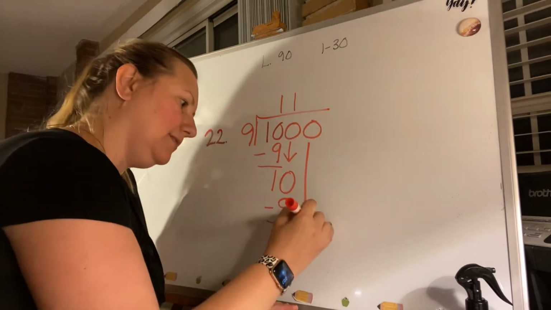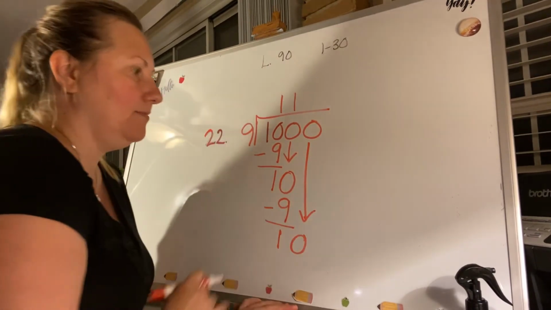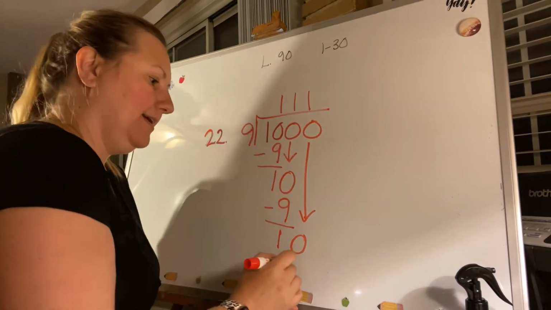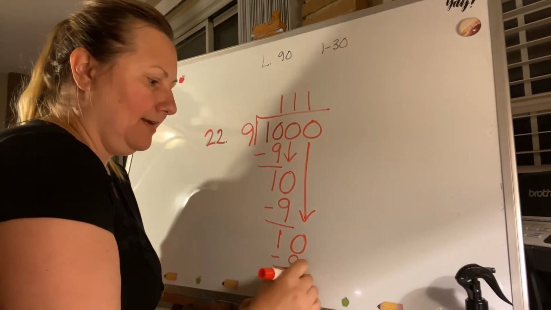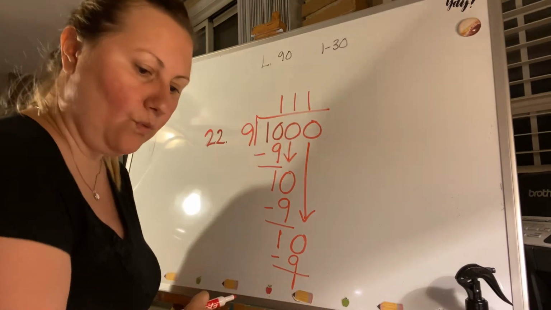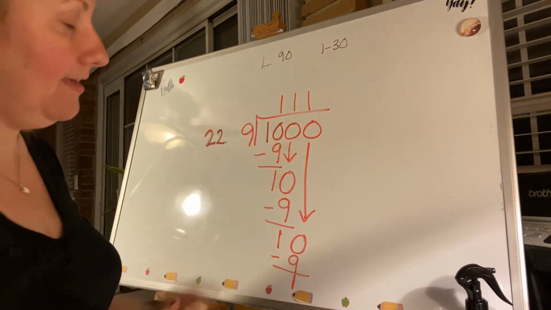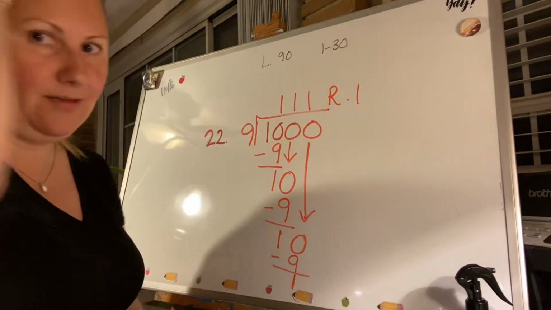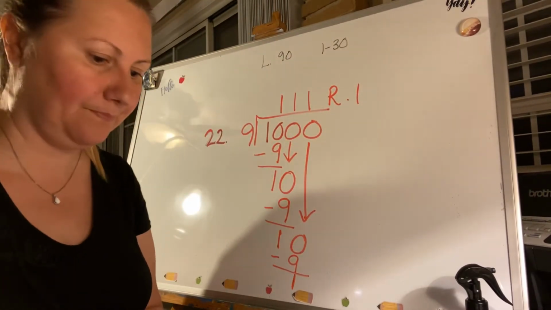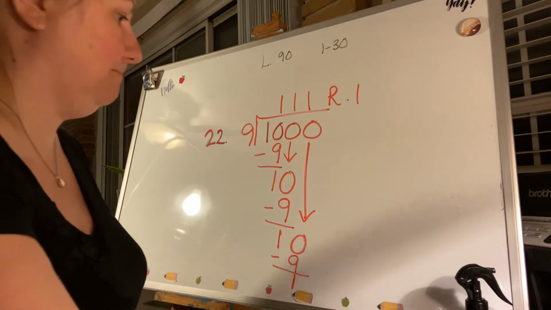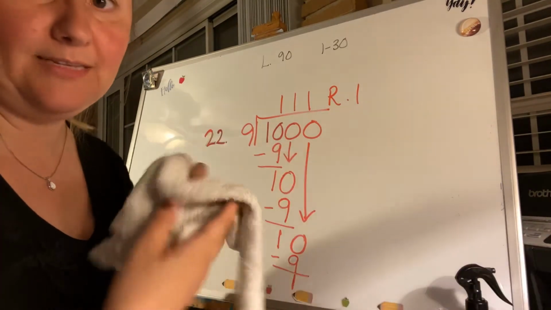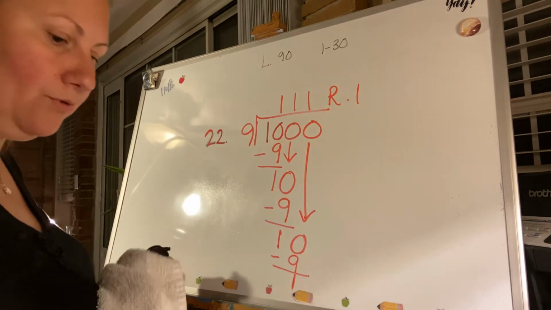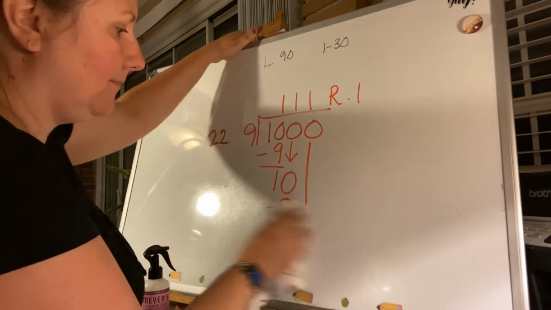Bring down the 0 again, so I'm dealing with the 10 again. 1 times 9 and subtract, and I get a 1, and I have nothing left to bring down, so that means my remainder is 1. What a fun problem. Pause it if you need to look at it more, but I'm going to move on to number 23.